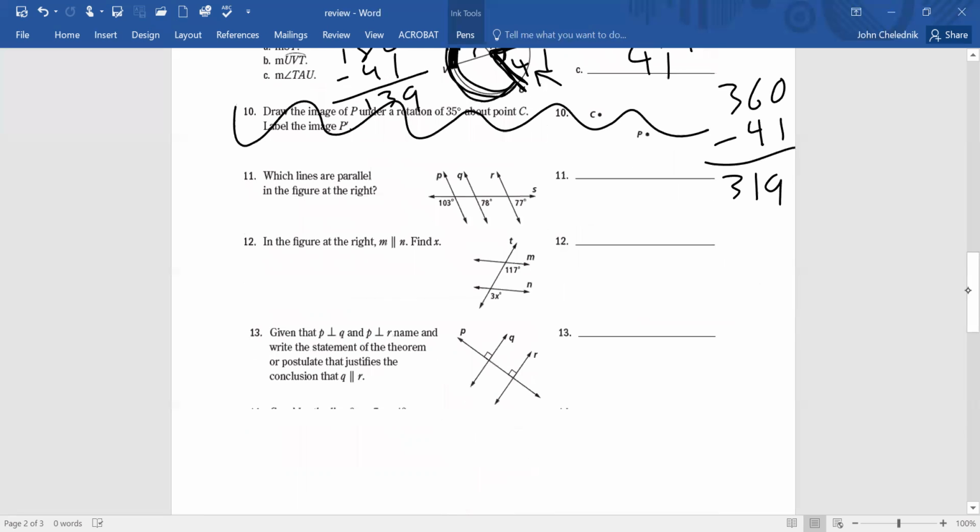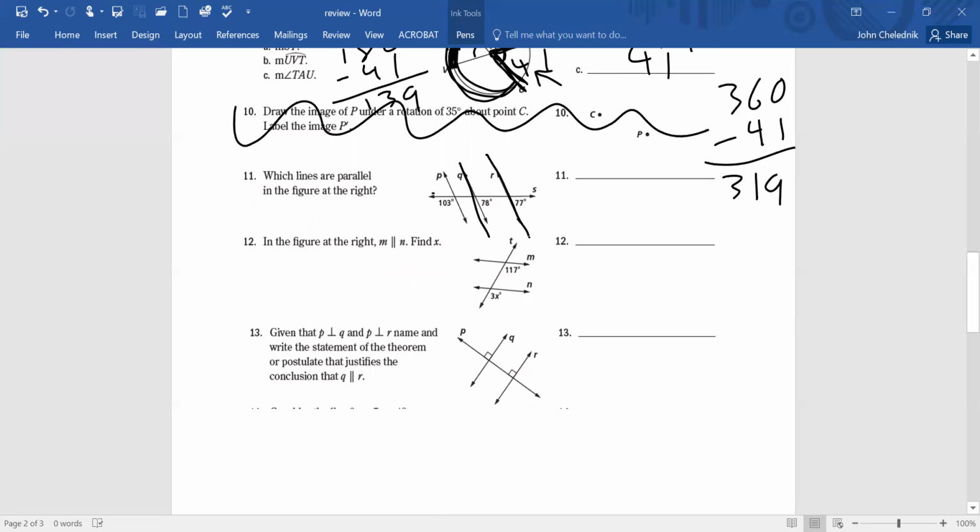Number 11, it says, which lines are parallel in the figure at right? Parallel lines will have equal corresponding angles. Therefore, this line is not parallel to this line, despite what the picture might look like. Remember, pictures are very deceiving in geometry. Don't forget that, okay? Very important. Q is not parallel to R. So P must be parallel to something.